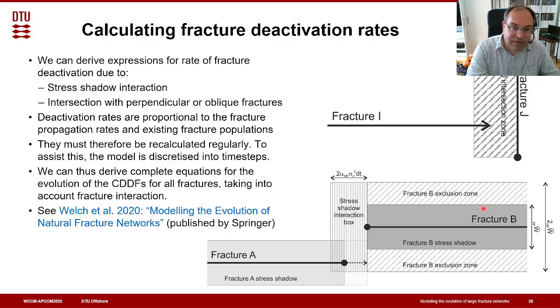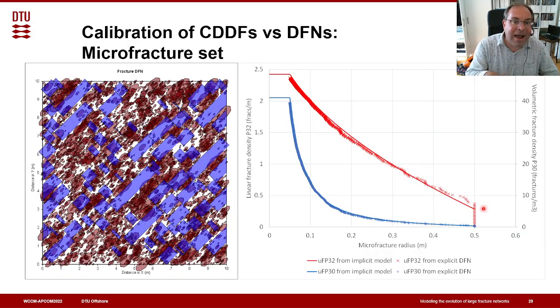To calibrate the results of this, we can compare the implicit cumulative fracture populations calculated in this way with the fracture population functions calculated empirically for explicit fracture networks.